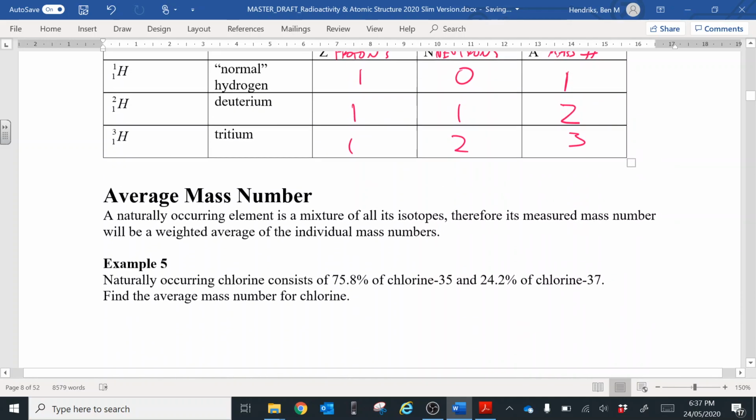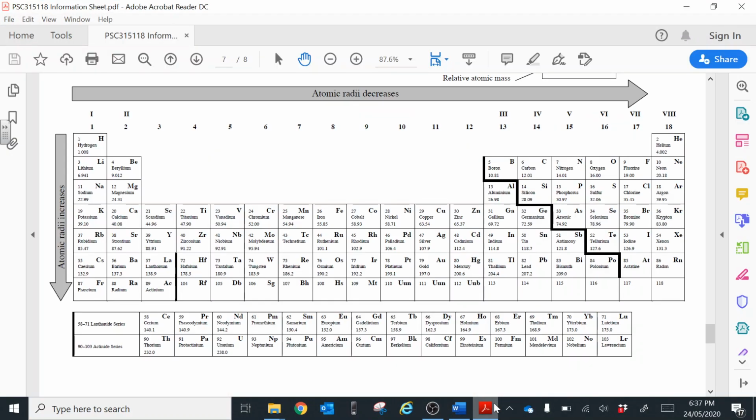All right, so if you look at the periodic table here, you might have noticed that they have decimal places here for the mass number. But if it's simply a matter of adding the number of neutrons and number of protons, then they should just be integers, because you can't divide a neutron or a proton.